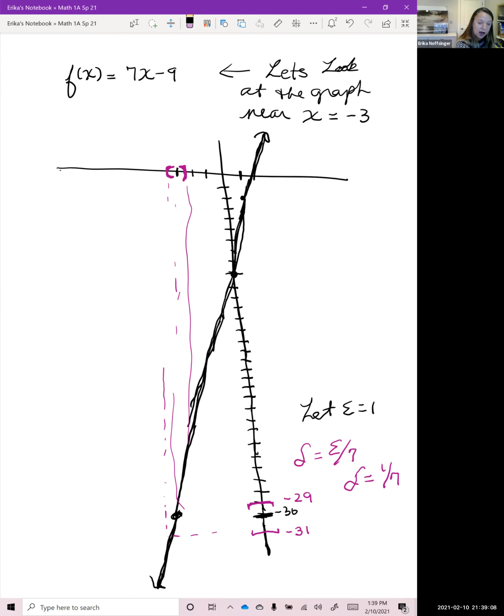So I would have to stay within this interval, going to the left 1/7 and to the right 1/7 from -3. And anything you chose, getting closer and closer, you would always be within that bound if epsilon was 1. But usually we're trying to get epsilon infinitesimally small.